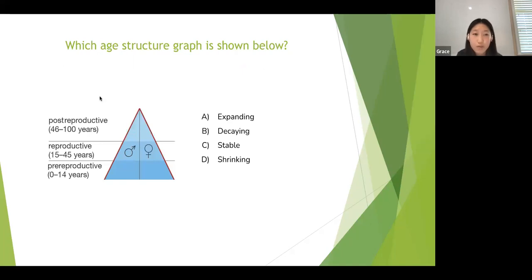All right, now moving on, which age structure graph is shown below?